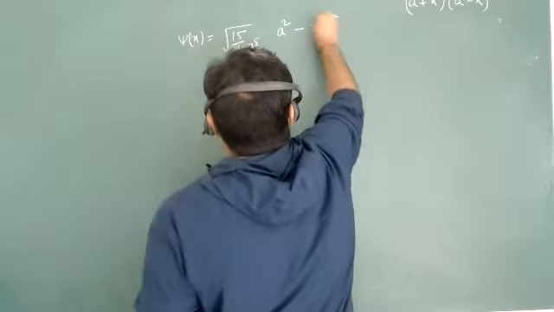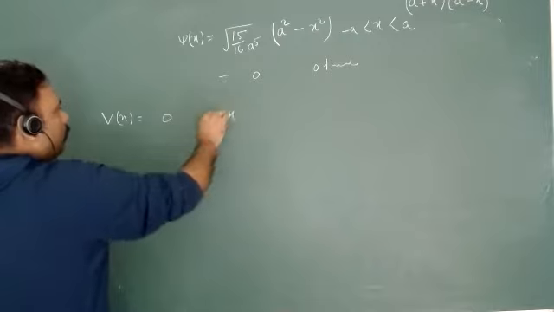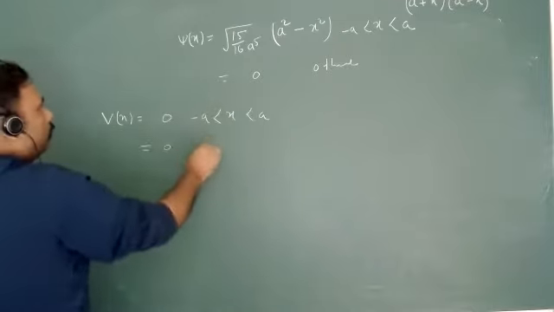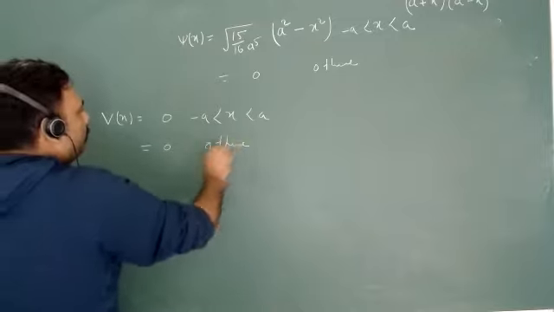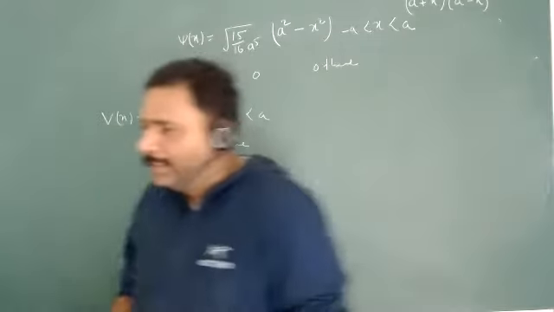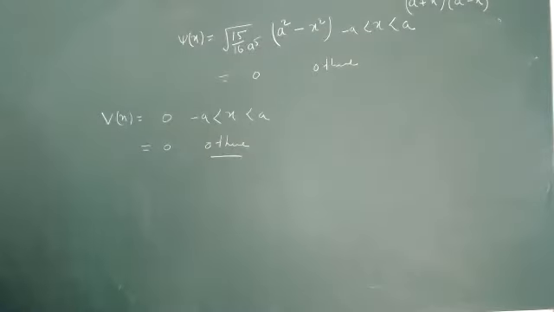And we have to calculate the ground state energy, where V(x) is given between −a to +a and 0 otherwise. What will be the answer? Just a very tricky question. This is a very tricky one. What will be the answer?